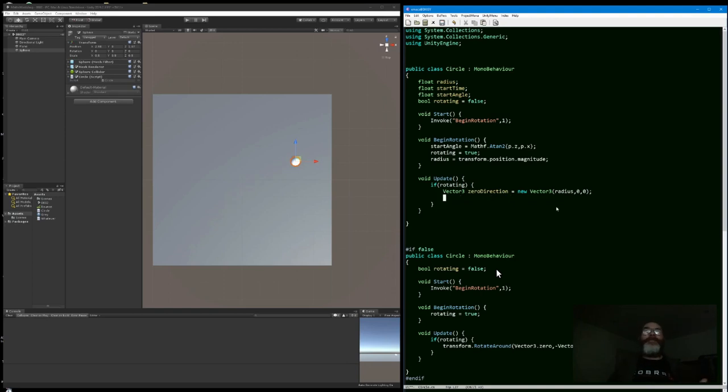I need to set its position. So it becomes this actually, position is equal to the 0 direction vector rotated by a certain number of degrees. And since it's a vector, to rotate the vector I need to use a quaternion.